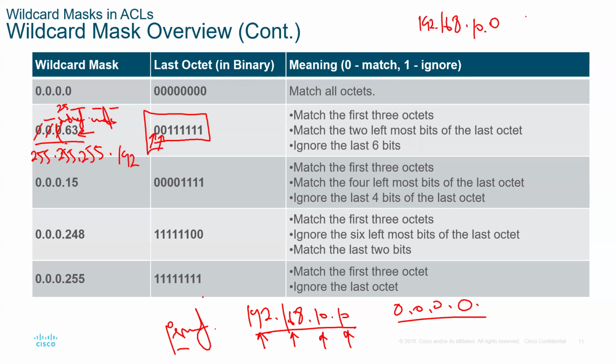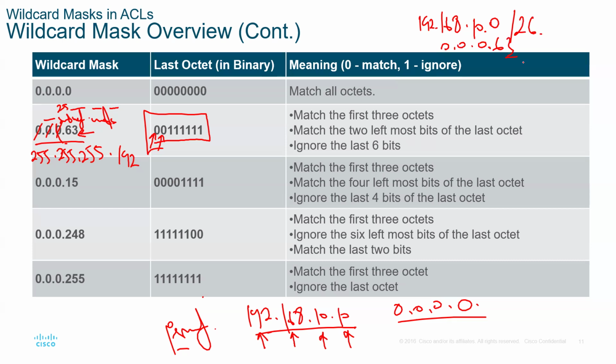If I have a network 192.168.10.0 with mask .192, that is slash what? That is slash 26. So if I have a network like that and I want to permit or deny every host from that network, the wildcard mask I will be using is 0.0.0.63.